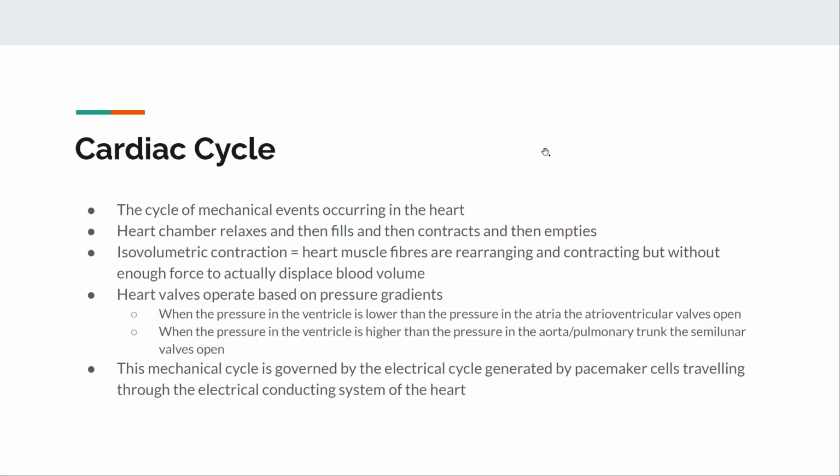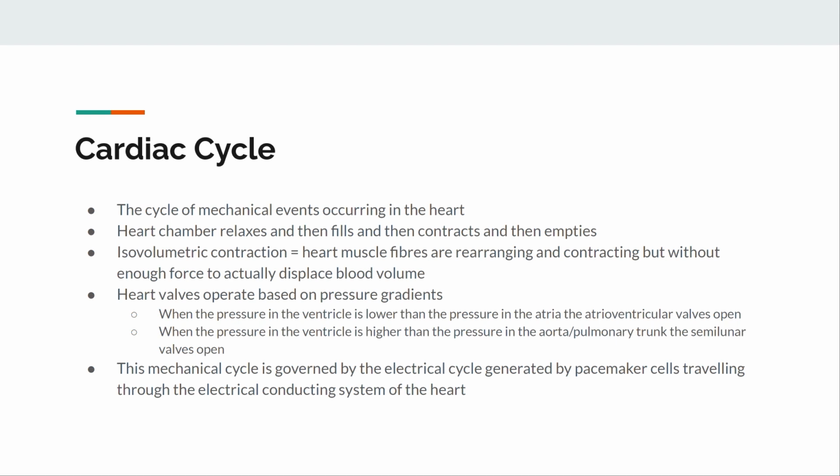So the cardiac cycle refers to the mechanical events occurring in the heart. It begins basically focusing on the ventricle, where the heart chamber relaxes and then it fills and then it contracts, and that contraction squeezes the blood out, and so it becomes empty.